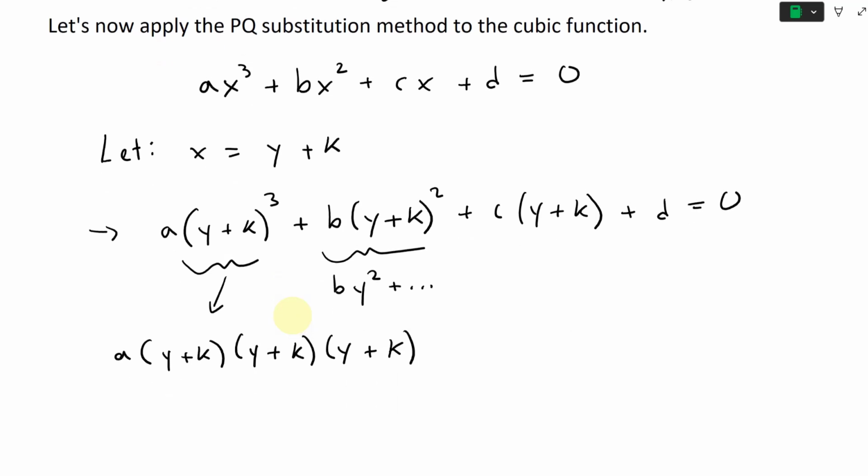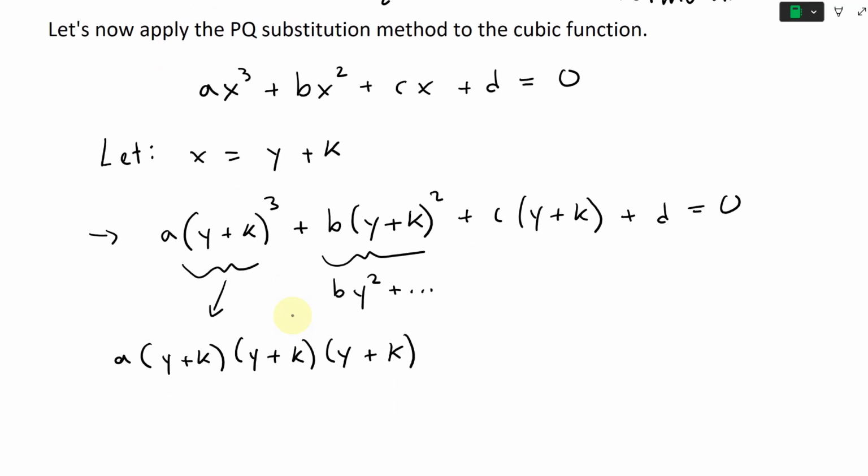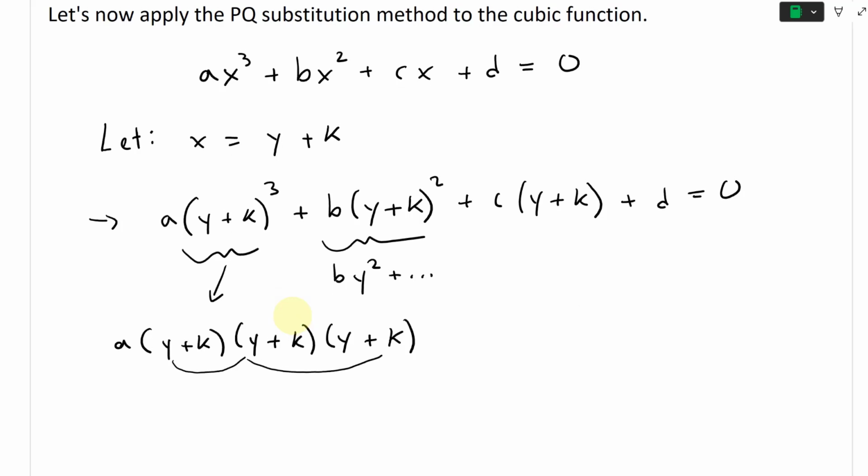And now the only way to get a y squared is, well, there are three ways. We can go y times y, so that's a y squared, and the next one needs to be a k. So this part is going to be a y squared k.